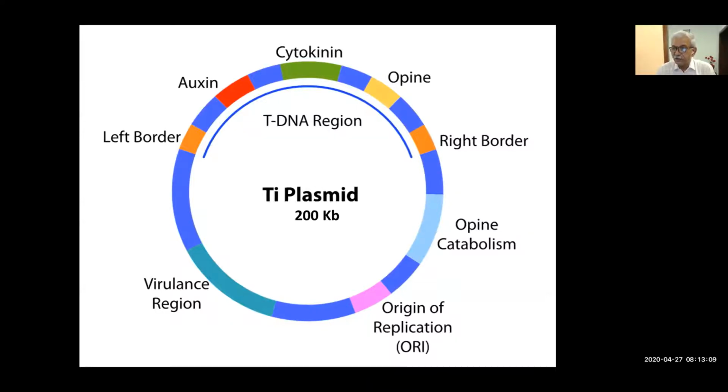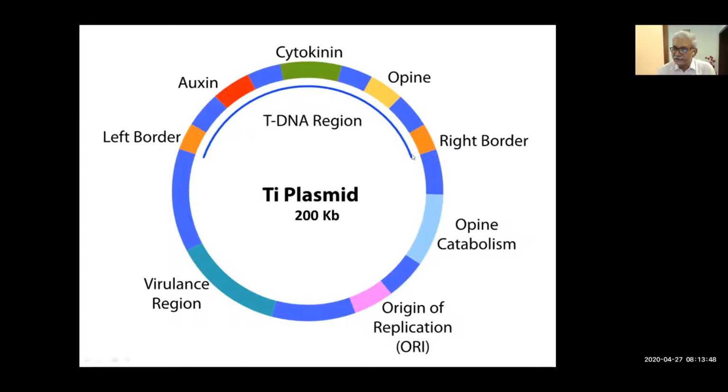Then, if we look at the structure of this wild type Ti plasmid, what are the things of our interest? The thing of our interest is the T-DNA. What is T-DNA? This T-DNA is actually a single-stranded DNA, which is shown here with a single line just below the double-stranded DNA between the left border and the right border.